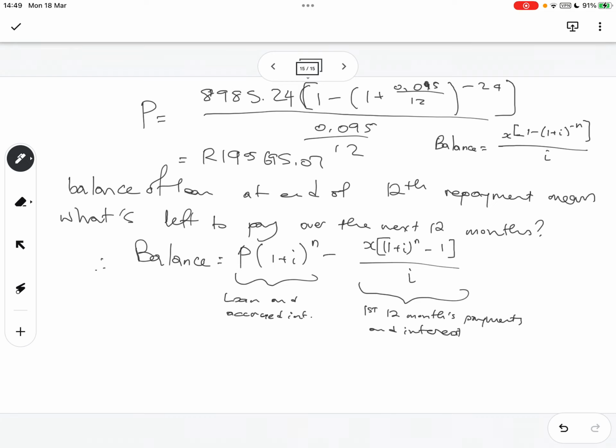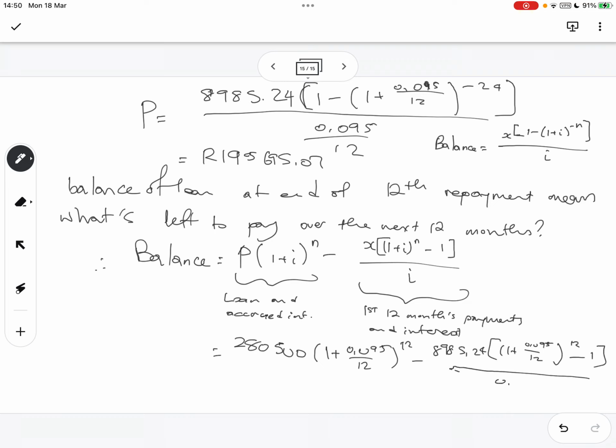So when we substitute, we'll get 202,500 times 1 plus 0.095 divided by 12, to the power 12, minus 8985.24 into 1 plus 0.095 over 12 to the power 12 minus 1, over 0.095 over 12. And this answer is equal to 195,695.15.